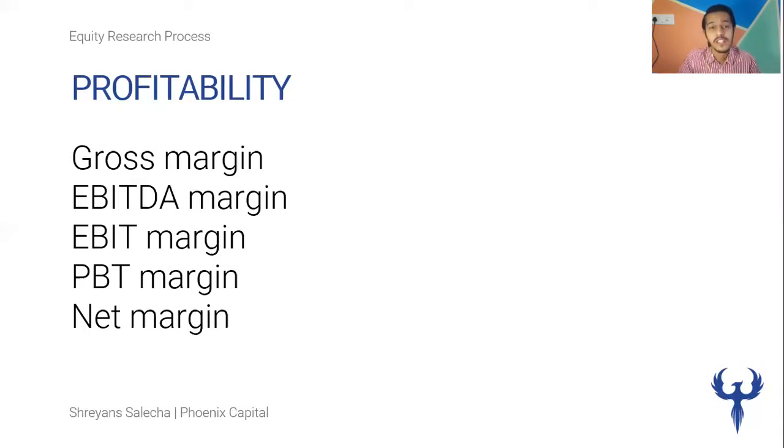Because all of these ratios are calculated from the profit and loss statement, right? Now the revenue figure is only one, but we have different expenses, and by deducting these different expenses, we get different measures of profit. So what you're really doing here is trying to understand how good the cost control of the company is. For example, if the gross margin is increasing, that means that there are efficiencies in production, or the company is taking benefit of economies of scale, right?